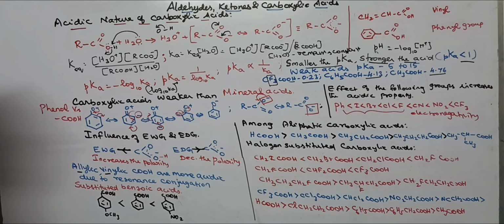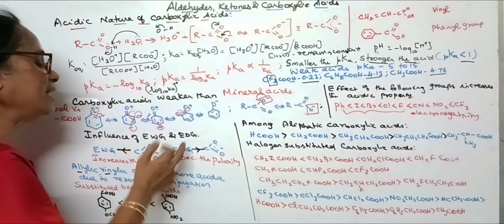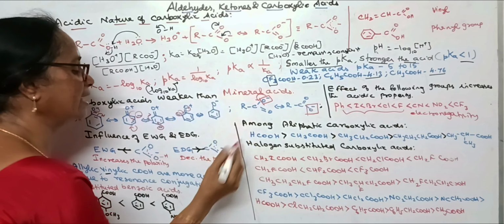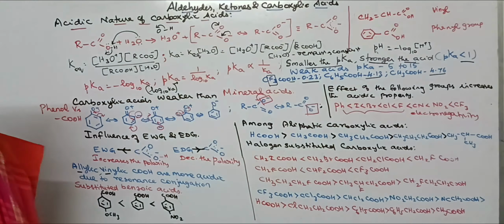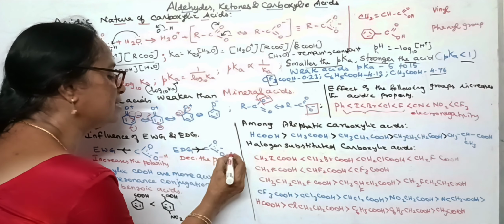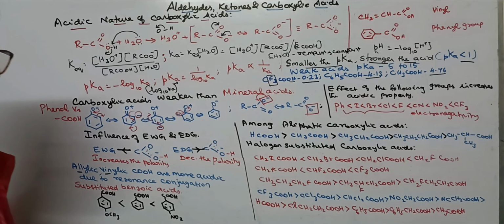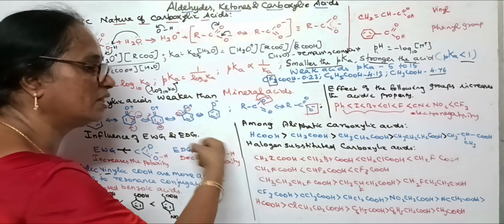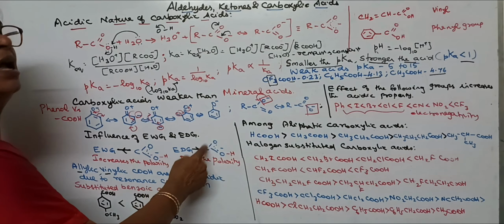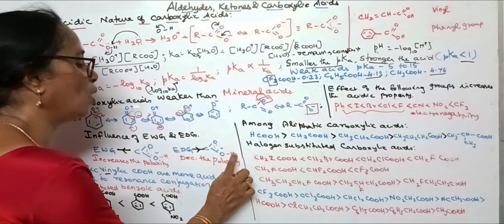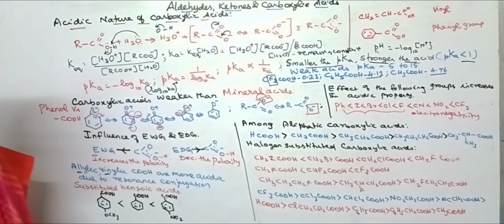At the same time, if any electron donating groups are there, that will release electrons towards the carbonyl carbon and hence it makes the bond stronger between oxygen and hydrogen, since in turn the oxygen withdraws the electron from the carbon. So the electron density of oxygen increases and hence the polarity of the OH bond decreases.